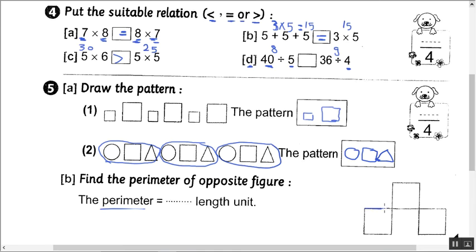Here we have 1, like this form, 1, 2, 3, 4, 5, 6, 7, 8, 9, 10, 11, 12. So here the perimeter equals 12 units.